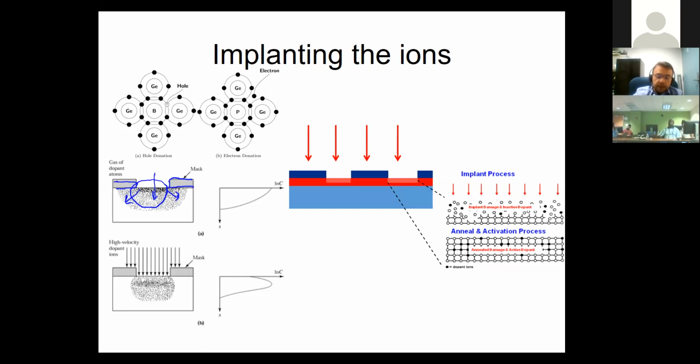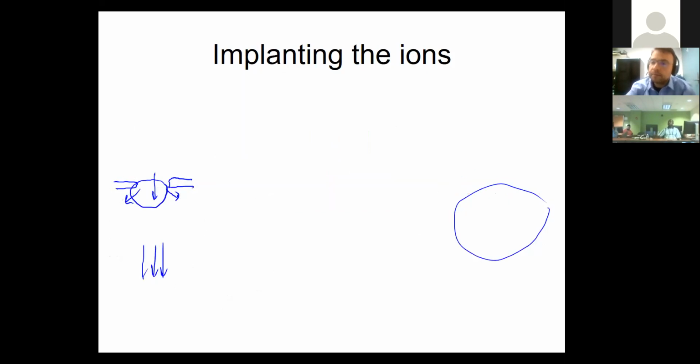In contrast, people have come up with ion implantation. The idea is to drive these ions to a certain level of energy and then implant the ions with these high energies into the silicon crystal. But of course, it will create a lot of damage in the crystal, so you have to repair those damages too.